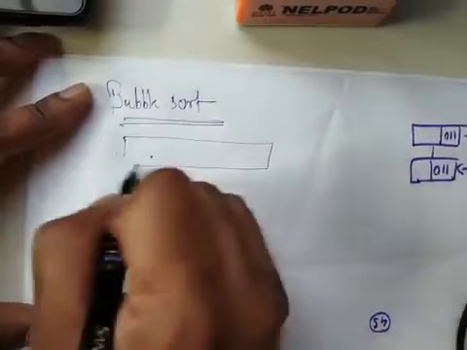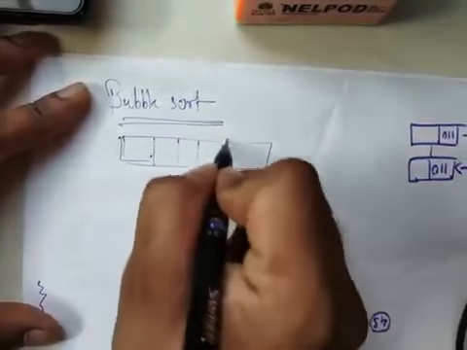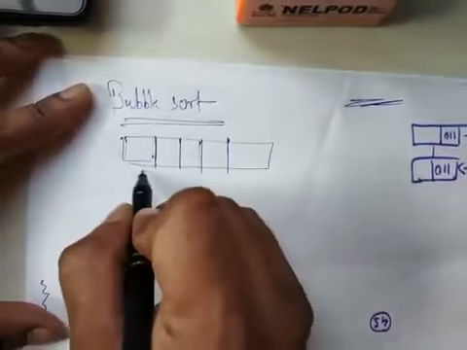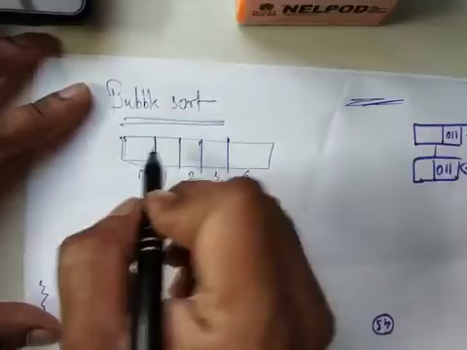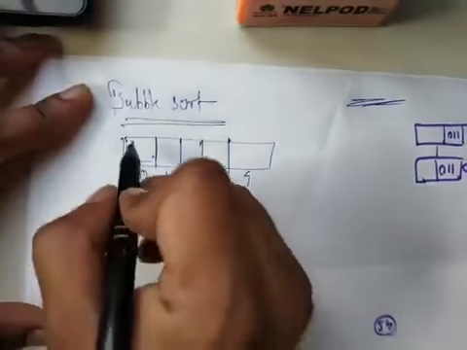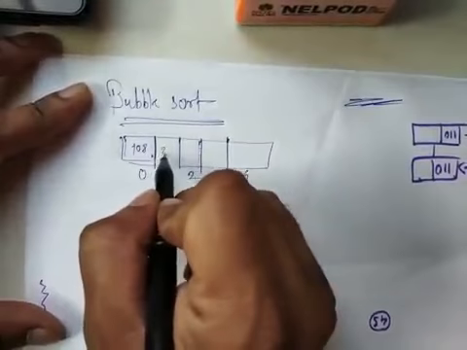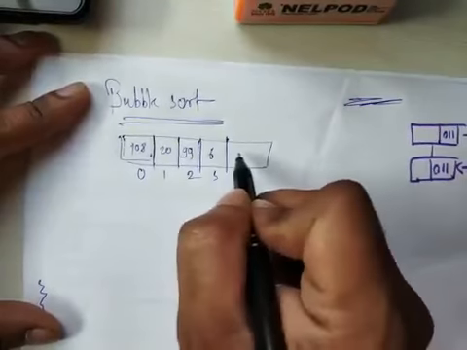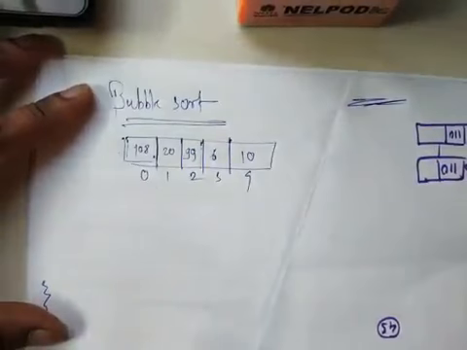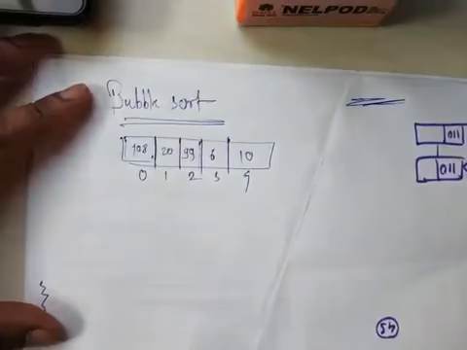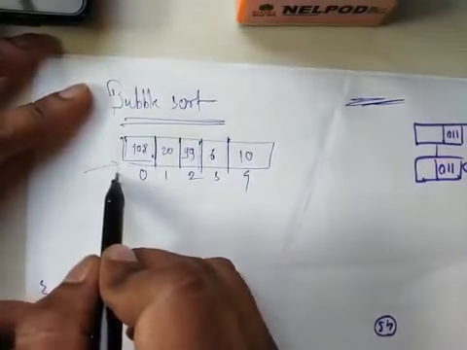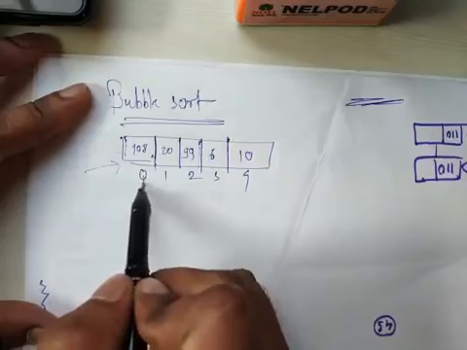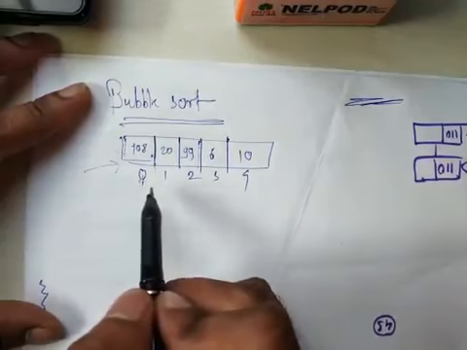Suppose you have an array having some elements like 108, 20, 99, 6 and 10. So this is an unsorted array. Bubble sort will start by comparing the first element with the second element.